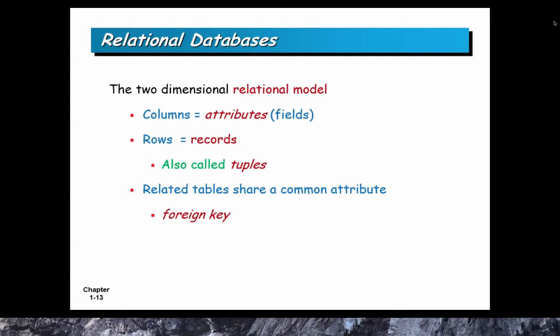And so that's your primary key. Your foreign key is what you use to relate one table to another table. It is the link between tables. Anytime you have a foreign key on one table, it points to a primary key on another table. And that's how you link them together.